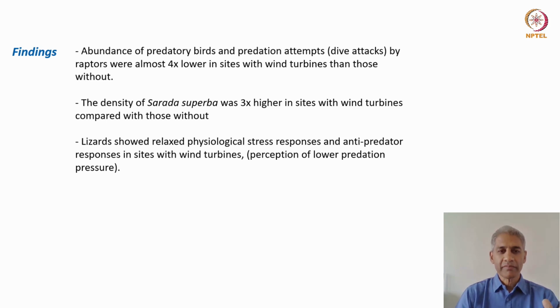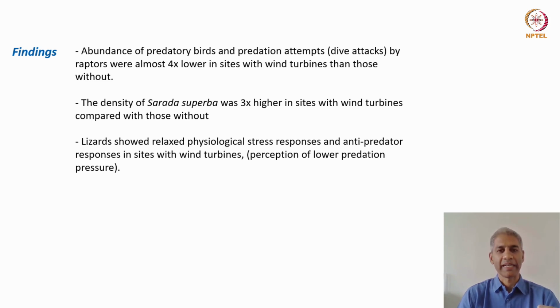So in sites which had wind turbines, the lizards were more relaxed because they had less predation pressure, or at least the perception was less. And how would they test a relaxed response to the stress? By two ways. One was a physiological measurement, so they caught lizards, extracted some blood, and actually tested stress hormones within the lizards.